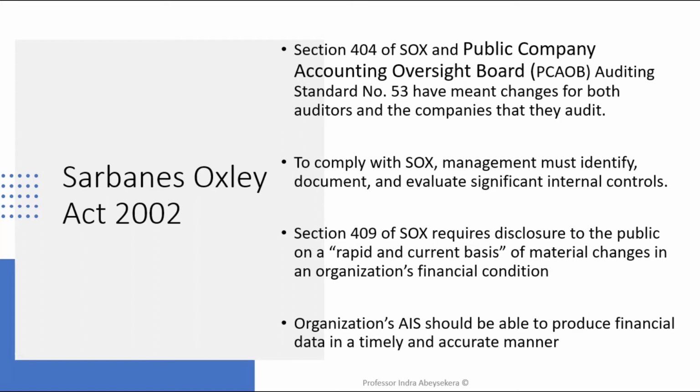The Sarbanes-Oxley Act 2002 was brought in to ensure that there are adequate controls to mitigate risk in enterprises. There are a number of sections that are important to be reminded of. Section 404 of the Act and the Public Company Accounting Oversight Board, or the PCAOB, Auditing Standard number 5 have made changes for both auditors and the companies that they audit.